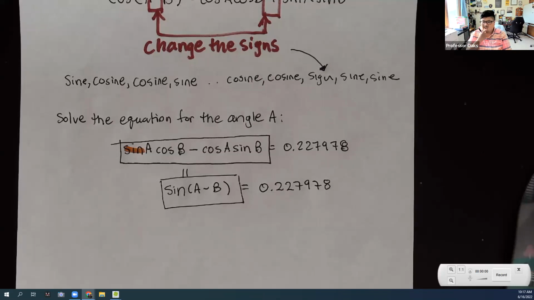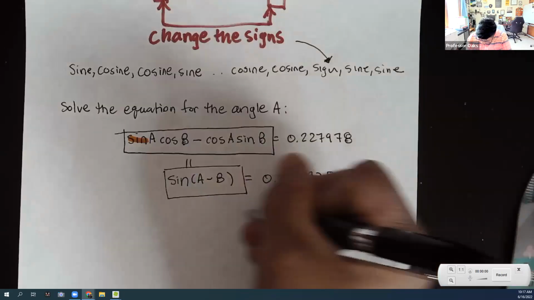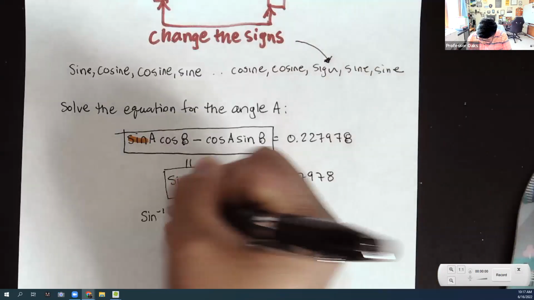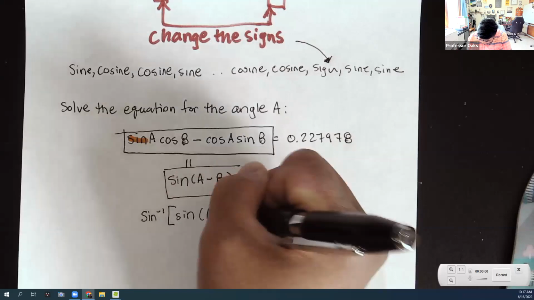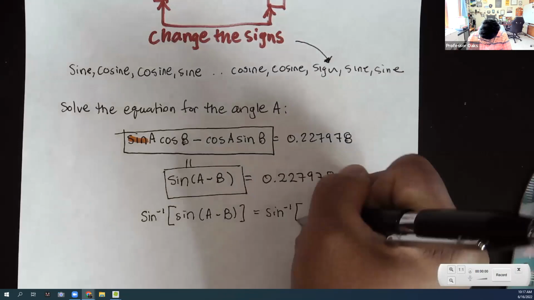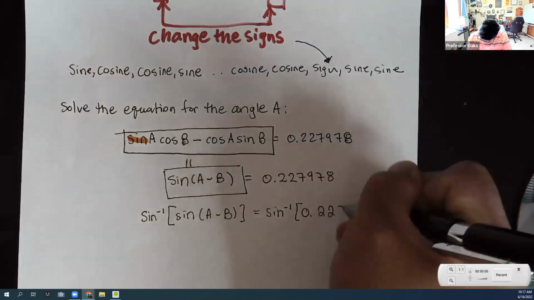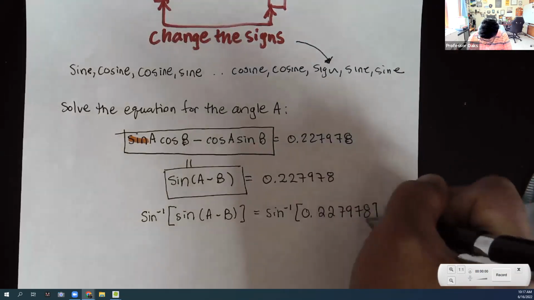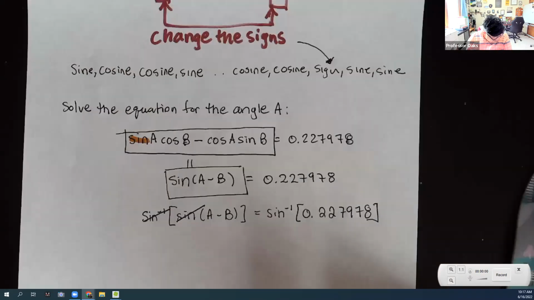Okay, so from here I would go ahead and find the sine inverse on each side. So sine inverse of sine of A minus B will be sine inverse of 0.227978. Sine and sine inverse cancel out.